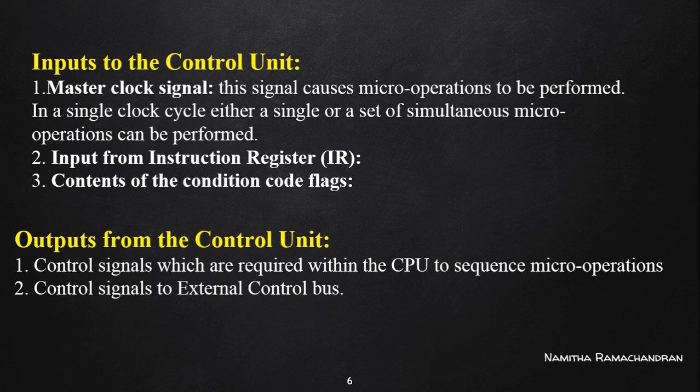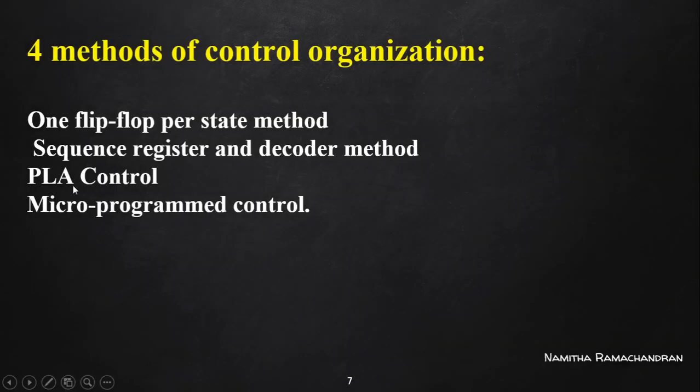So the outputs of the control unit are control signals used for controlling the execution of micro operations by the CPU or the ALU, and also for controlling the data transfer to the buses. Okay, now here we have 4 different methods for the design of our control logic.